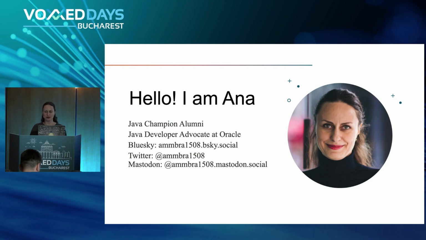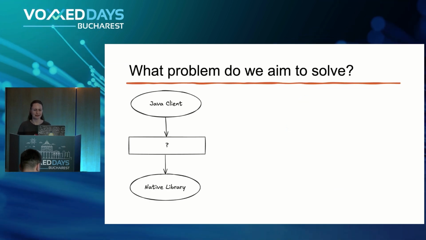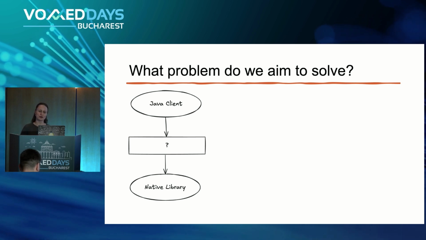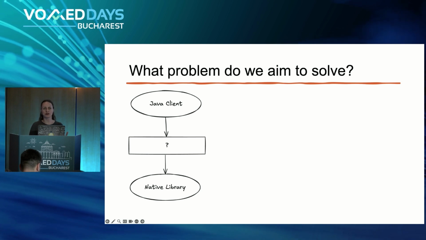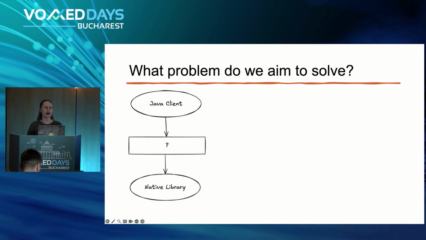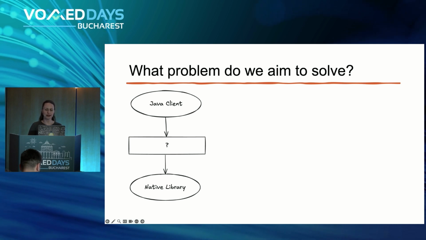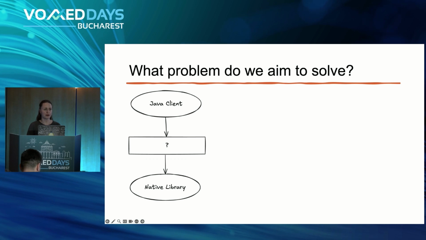But without further ado, what problem do we try to solve today in this talk? Well, the problem that this talk aims to solve is those cases when you're developing Java applications and you have certain use cases where you require access to libraries and third-party memory that is written in other programming languages.